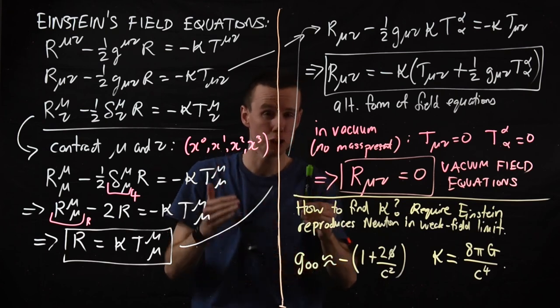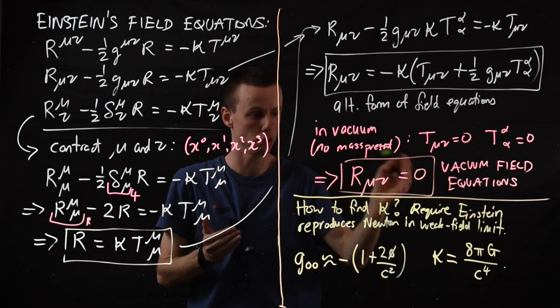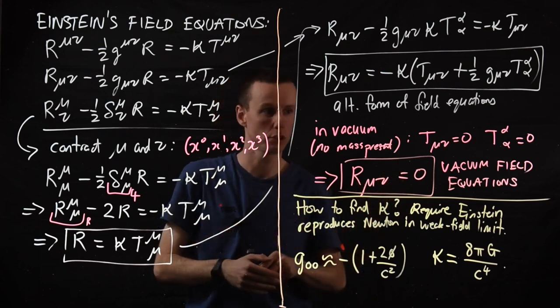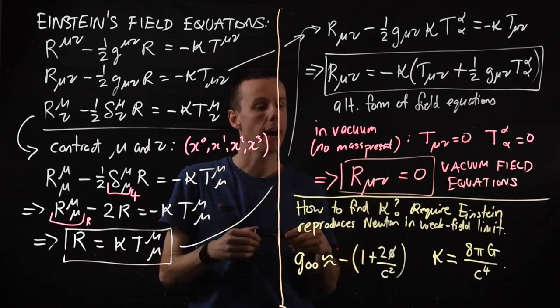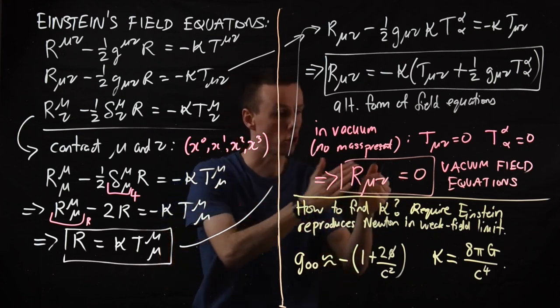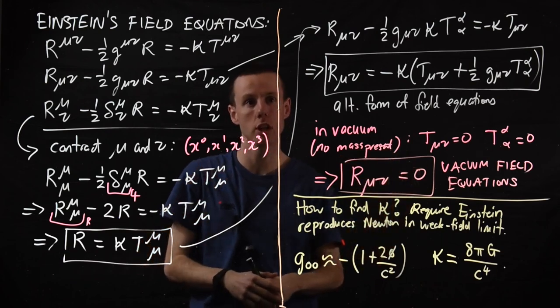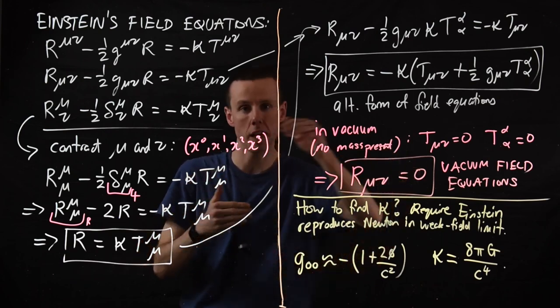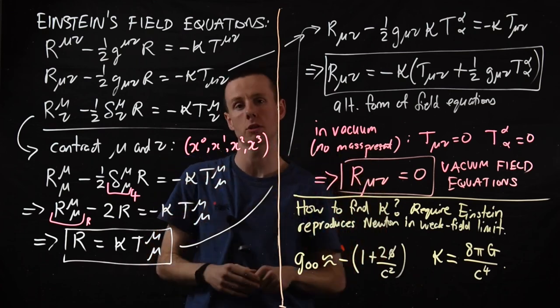There's a special name for the solution, it's called the Schwarzschild solution of the vacuum field equations, or just the Schwarzschild metric. We're going to look at that next time, and once we've got the metric tensor for the Schwarzschild solution, we're going to look at motion of planets, motion of objects in that curved space-time described by that metric.